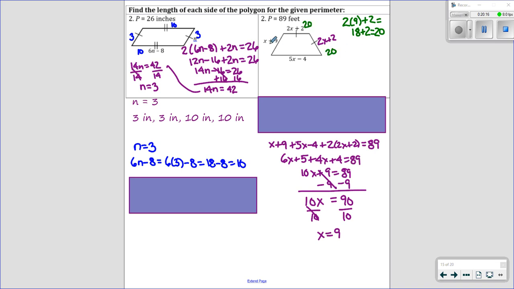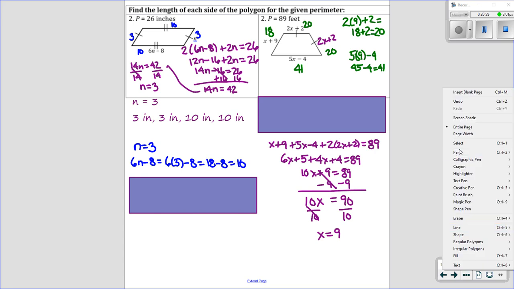Then 9 plus 9 is going to give me 18. And then for this one it is 5x minus 4. So that will be 45 minus 4 gives me 41 feet. And again, labels.